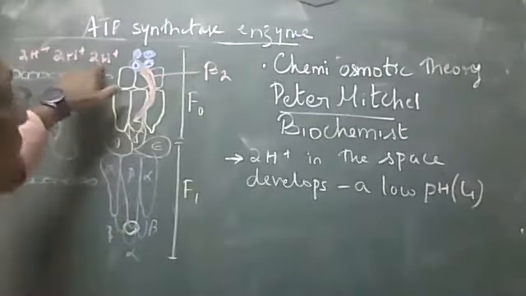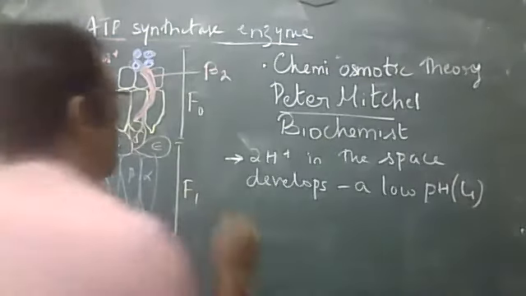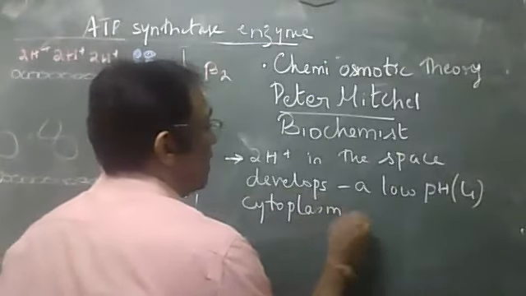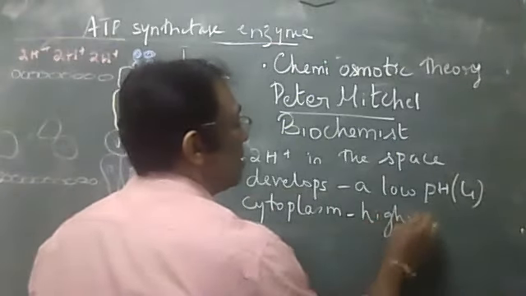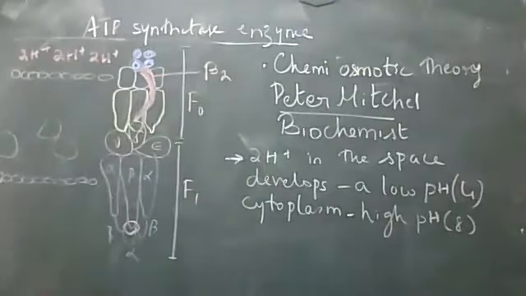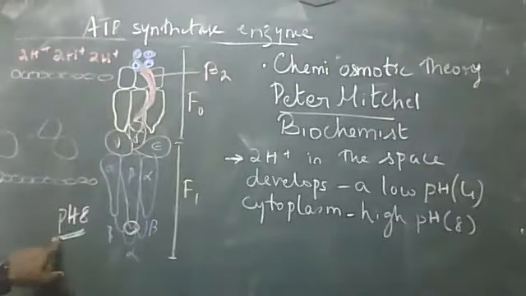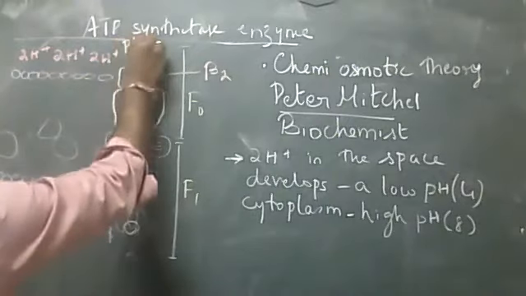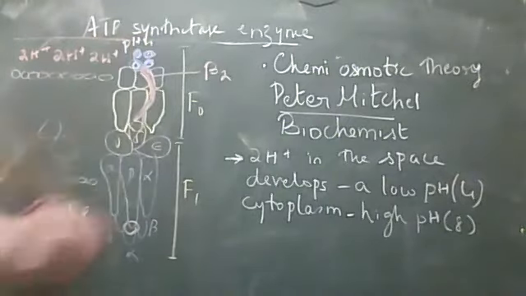So here it becomes low pH. Cytoplasm with high pH of 8, approximately. So down is pH 8. Make a note of this. Here is pH 8 and here is pH 4. This space is pH 4.